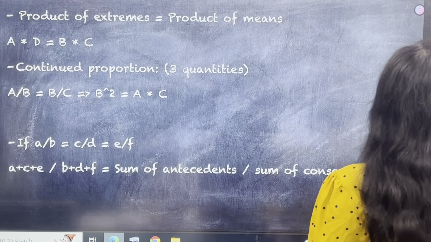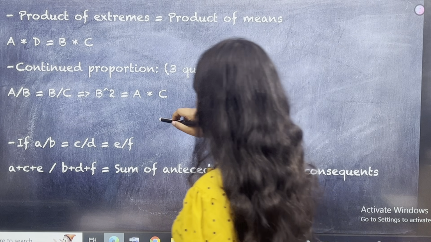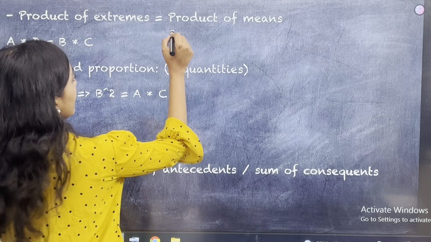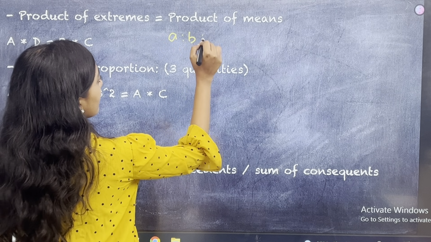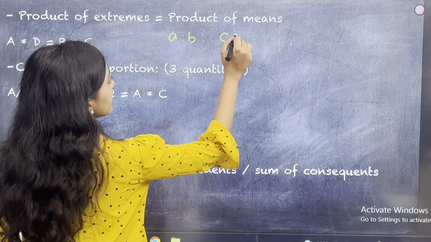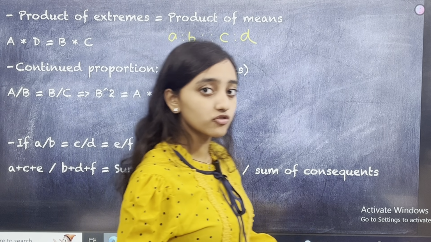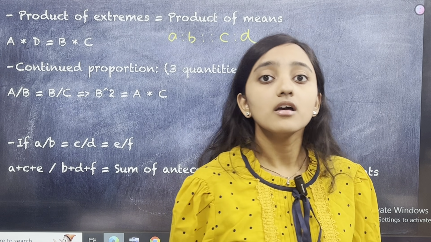As I just told you in the previous slide, A is to B as C is to D. Didn't I say this? And then I told you that A and D are the extremes, B and C are the means.